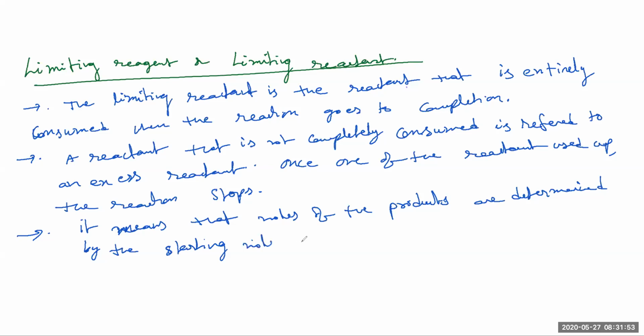Once one of the reactants is used up, meaning completely consumed, the reaction stops. It means that the moles of products are determined by the starting moles of limiting reagent.